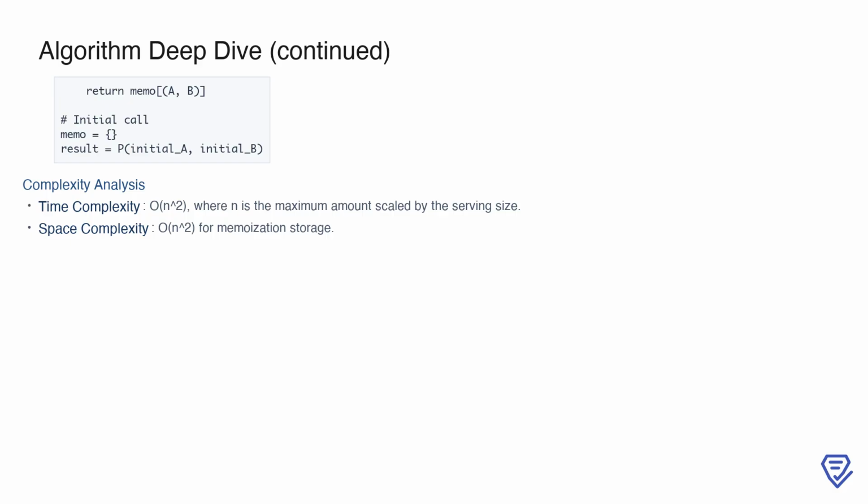We define an empty memoization dictionary to store probabilities for each state. Then, we call the recursive function P with the initial amounts of soup A and soup B to compute the result. The overall time complexity of the algorithm is O(n squared), where n is the maximum amount of soup scaled by the smallest serving size, since memoization ensures that each state is computed only once. The space complexity is also O(n squared), to store the memoization data.